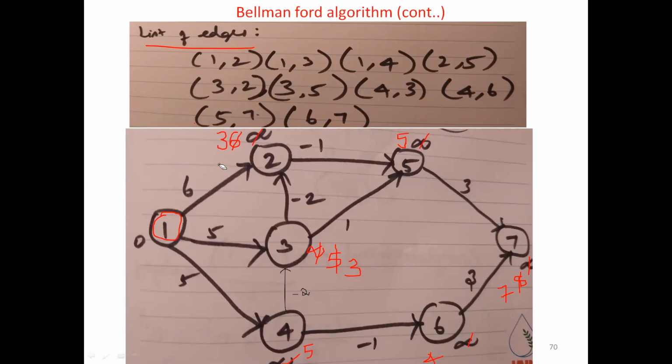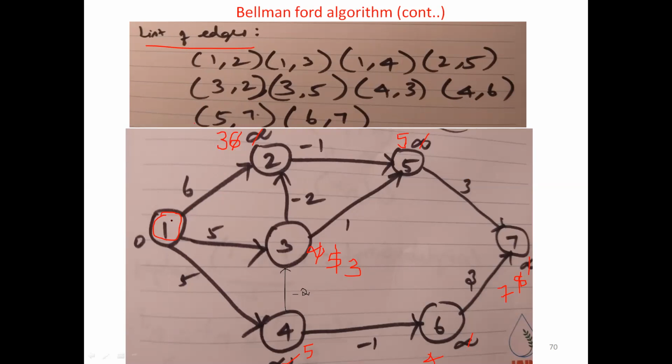So what is the second pass? Again, I have to remove each and every edge from the list of edges. First, 1 comma 2.